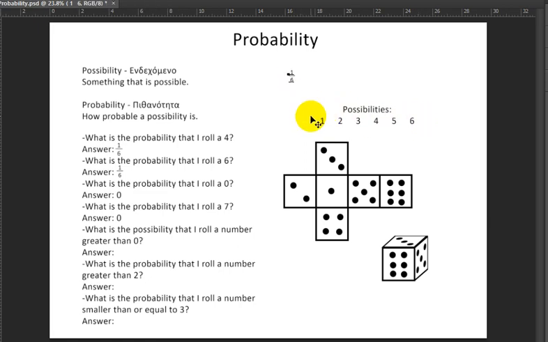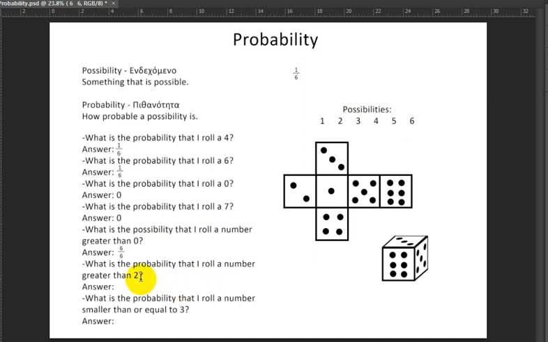So the probability of rolling a number greater than 0 is 6 out of 6, because in all 6 possible results, I meet the conditions that are set for me. Conditions being that I roll a number greater than 0. I meet them in all 6 possible results.